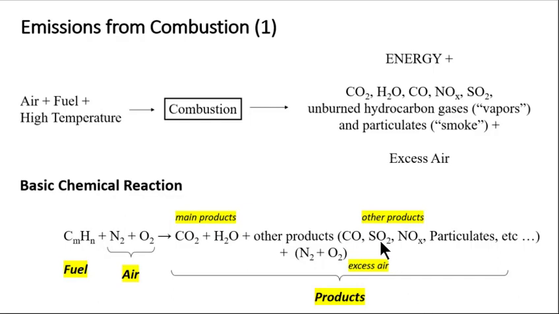These include our common air pollutants: carbon monoxide, sulfur dioxide, nitrogen oxides, particulates or smoke particles, and unburned hydrocarbons. Also, a portion of the air that is not fully consumed in the combustion process is passed out as N2 and O2.